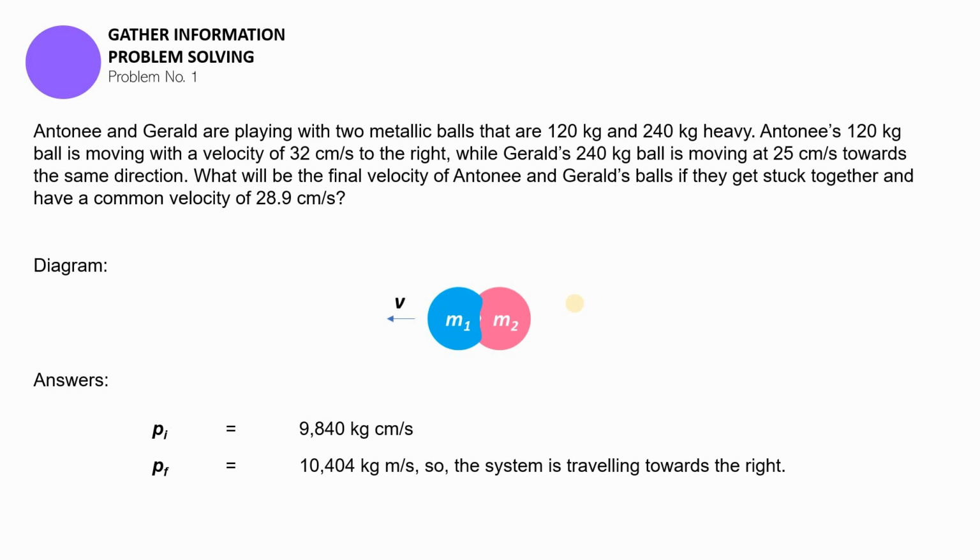This is kilograms centimeters per second, and the system is traveling towards the right, not towards the left. Very good. I hope that you're keeping an examining and scrutinizing eye, because we will be seeing more errors soon, and we will be correcting them one by one.